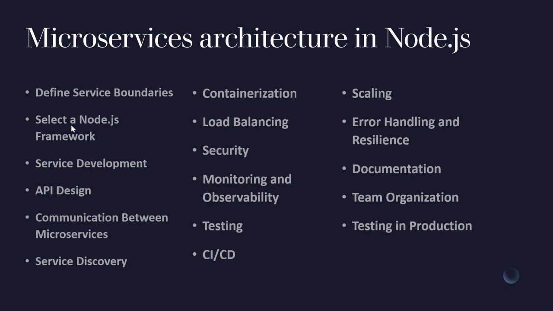You need to set up a comprehensive monitoring and observability solution to track the health, performance, and logs of your microservices. The next one is testing. You need to write unit tests, integration tests, and end-to-end tests for each microservice to ensure reliability and correctness. You can use tools like Jest, Mocha, and Postman, which can be very useful.